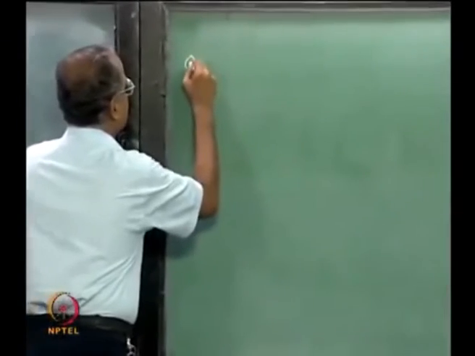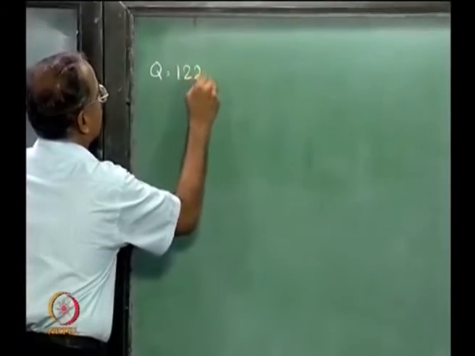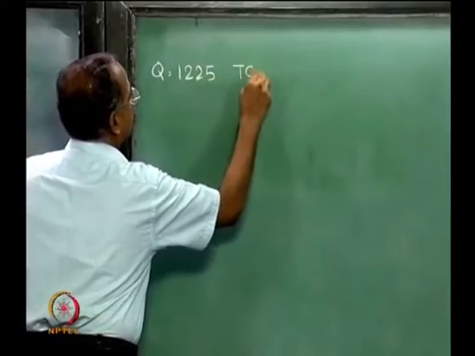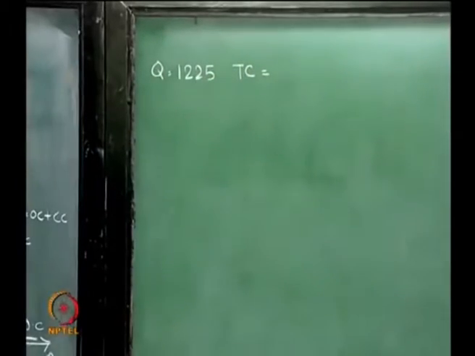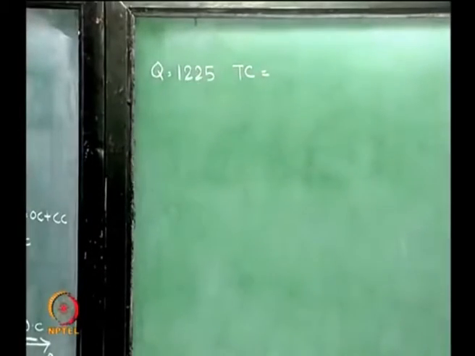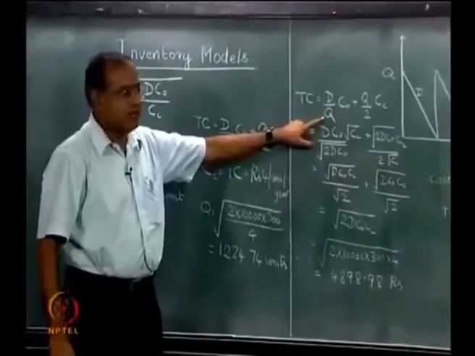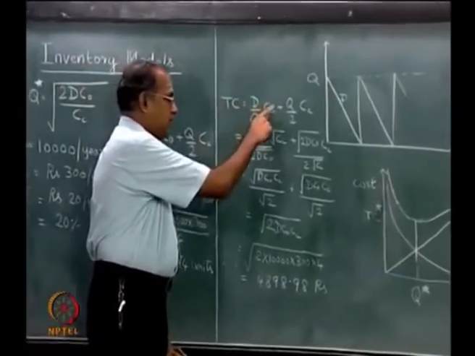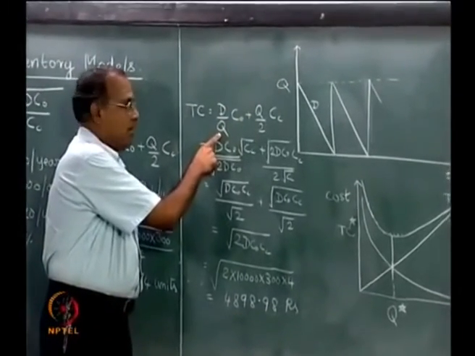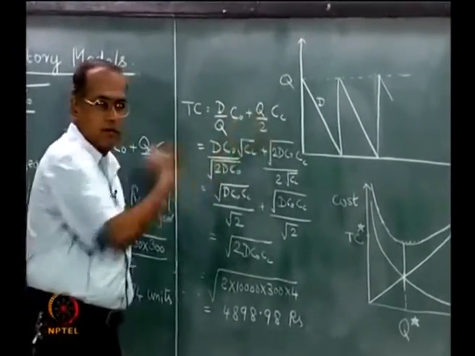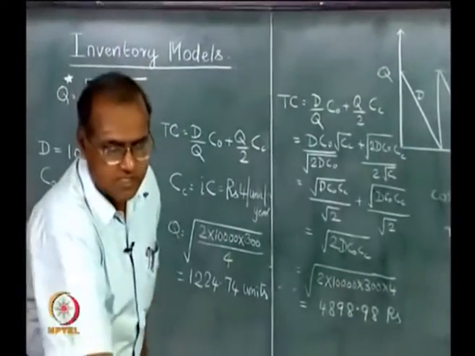So, let us do some quick computations. When q is equal to 1225, now all we need to do is to substitute 1225 here. So, TC will become 10,000 into 300 by 1225 plus 1225 divided by 2 into 4.